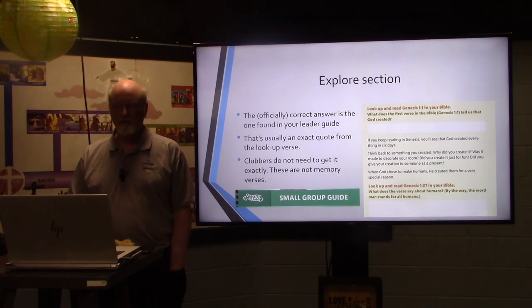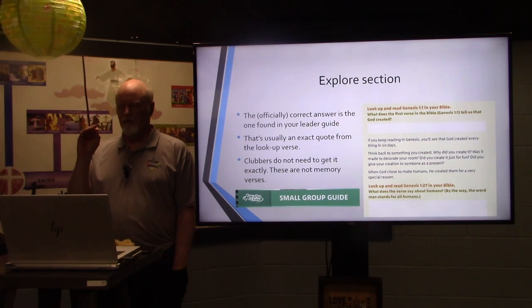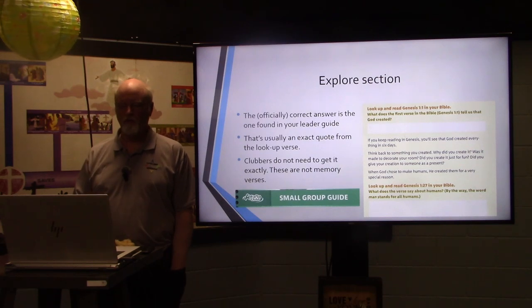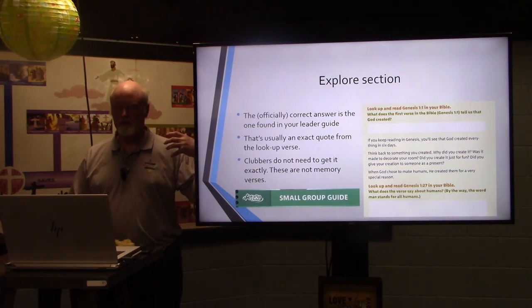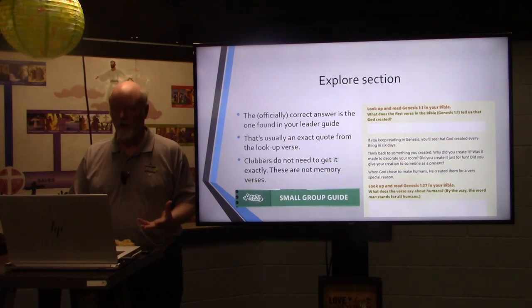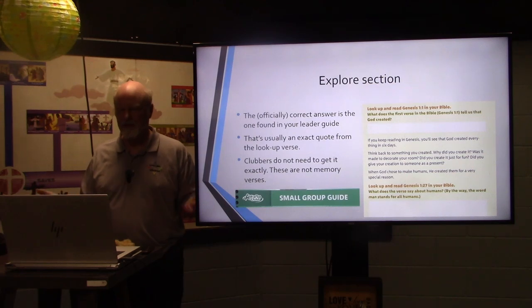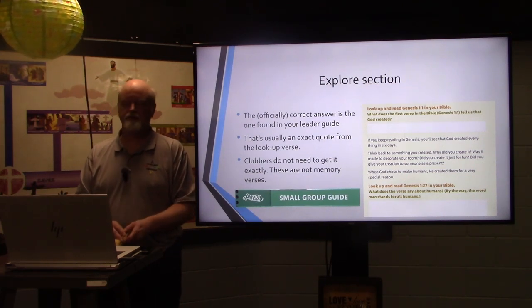So references potentially are not going to be as specific. We're not trying to get them to memorize all the references from all of the Explore sections, but it is possible. So for example, if we ask them what Genesis 1:1 says, that's obvious. They should have a general understanding, they should have it memorized.